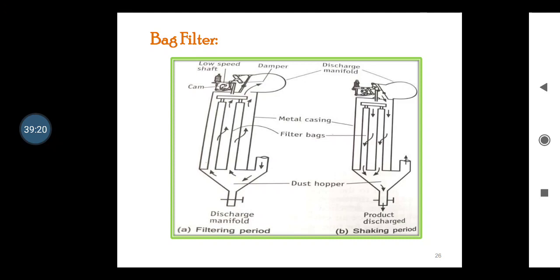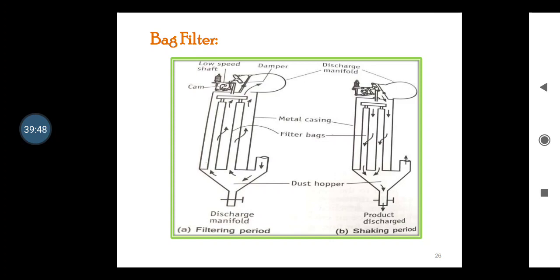As far as the working mechanism of the bag filter is concerned, it encompasses two different activities. One is that the feed is separated from the air by passing it through the cloth bags, and in the subsequent activity the bags are shaken to collect the fines that are adhered to the bags.